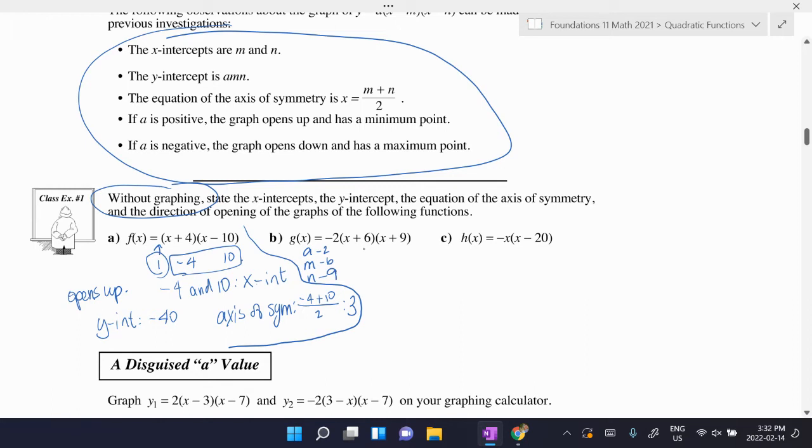So A is -2. It means it's going to open down. My x-intercepts are going to be M and N, so -6 and -9. My y-intercept is going to be A times M times N, so -2 times -6 times -9, which is -108.